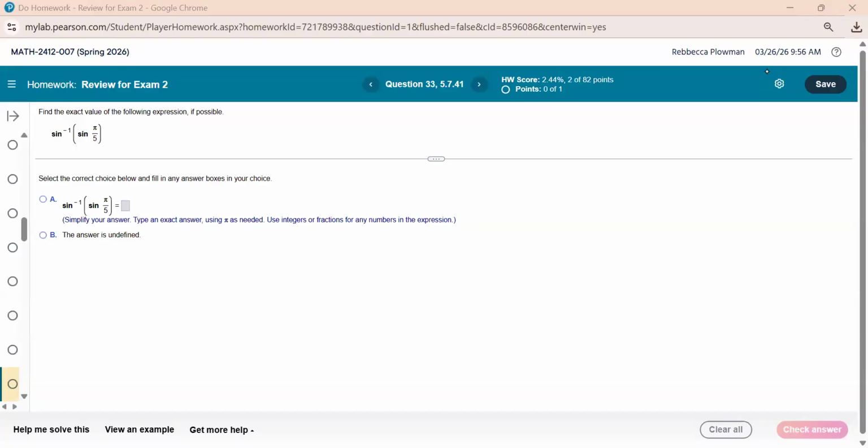So we had a rule that said that if we do an inverse sine of x, it is going to be equal to x, just as long as x was going to be between pi over 2 and negative pi over 2.